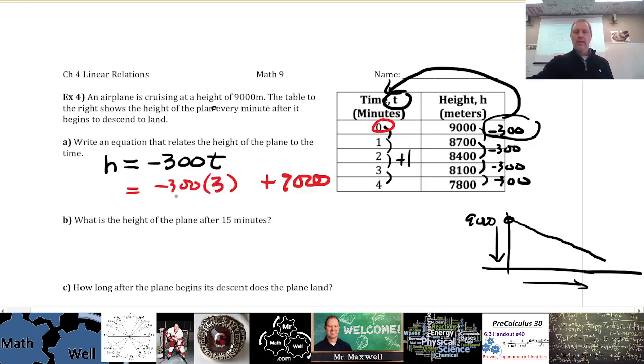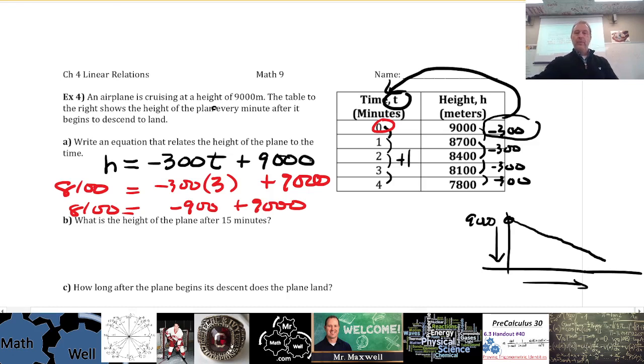So 3 here and 8,100 here. So this is going to be negative 900 plus 9,000. Does that equal 8,100? Yeah, 9,000 minus 900 is 8,100. So we have a winning formula here. I need to add 9,000 to here. And that's our equation.